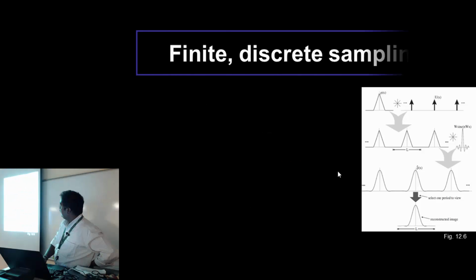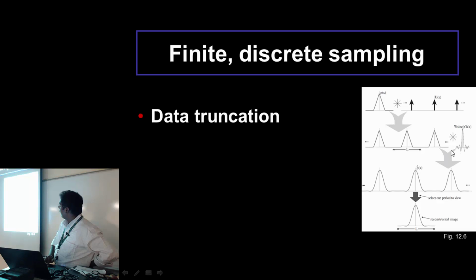That is equivalent to increasing the width of your rectangular function, or decreasing the width of your sinc function. So by increasing resolution or sampling more number of points along the k-axis, you will have a better and better representation of your object, of the edges of your object. So that is why high resolution is important.